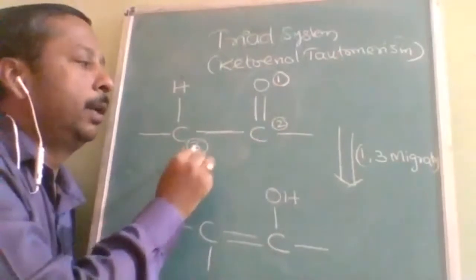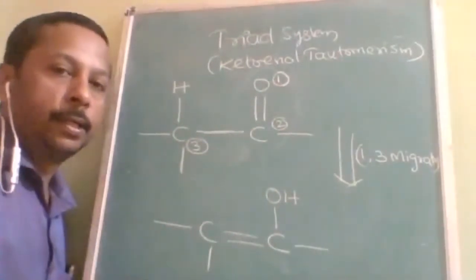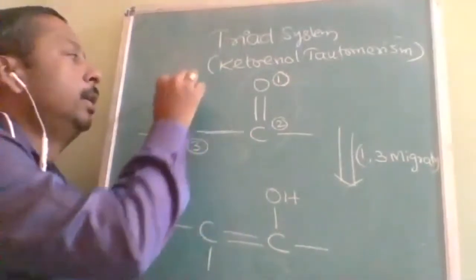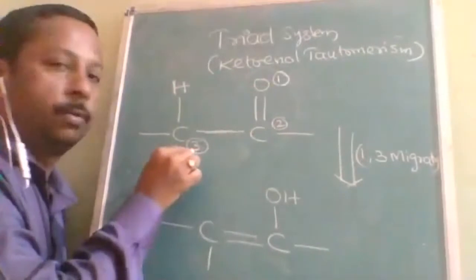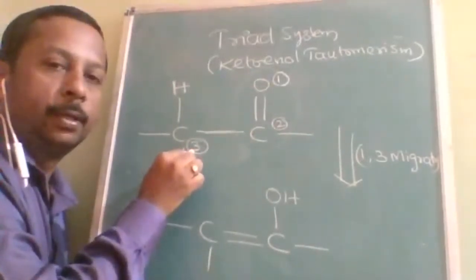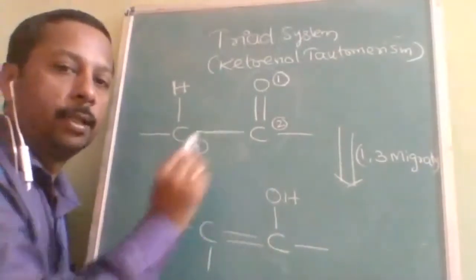This is a polyvalent atom, this is a polyvalent atom. Presently the hydrogen is on the third atom with respect to the oxygen. 1,3 migration of proton from one polyvalent atom to another polyvalent atom.